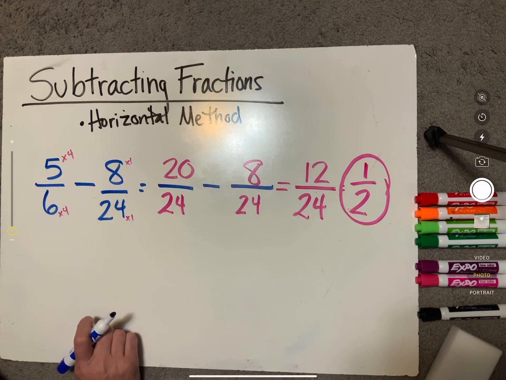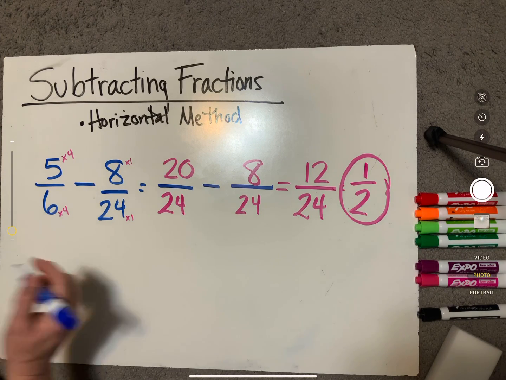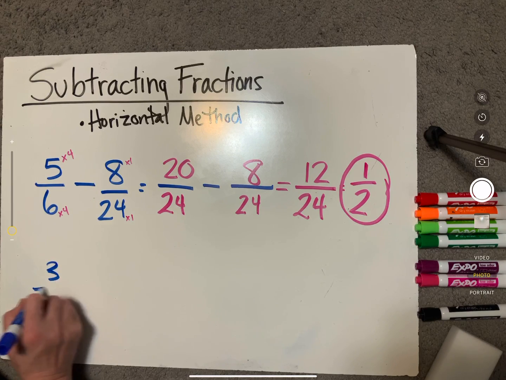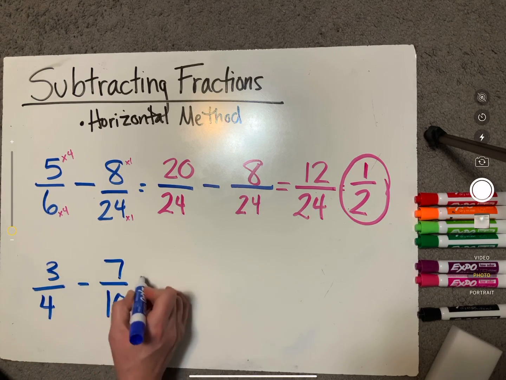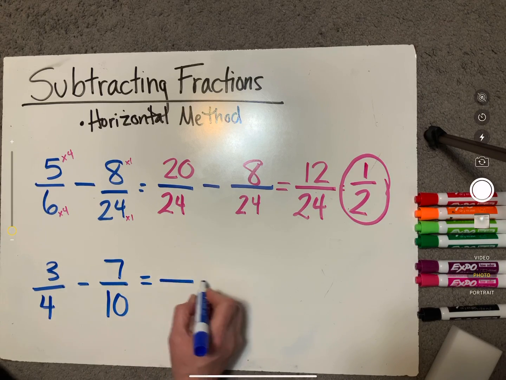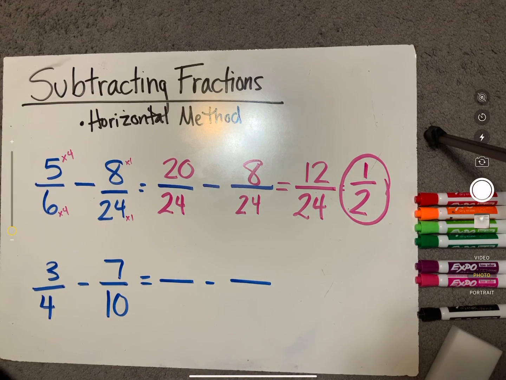All right, let's try another one. How about 3/4 minus 7/10? Okay, so again, we're going to set our fractions up, and then we're going to make our common denominator. So I have 4 and 10.